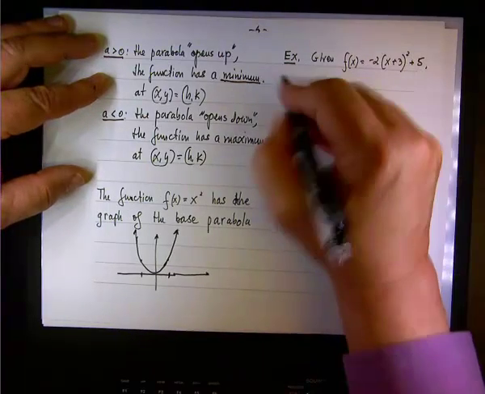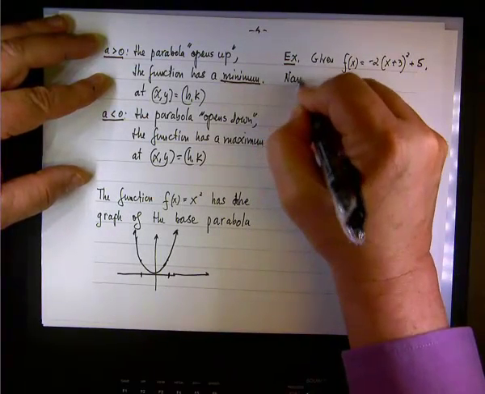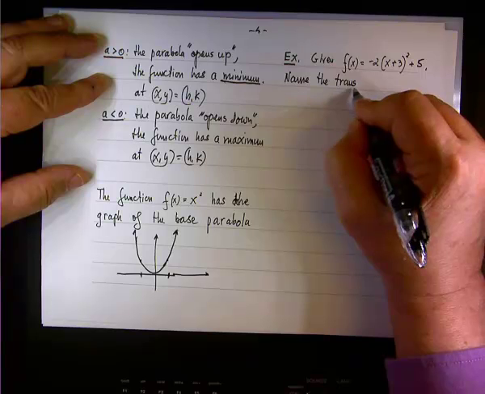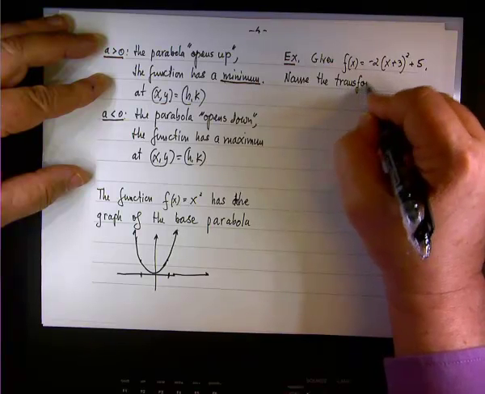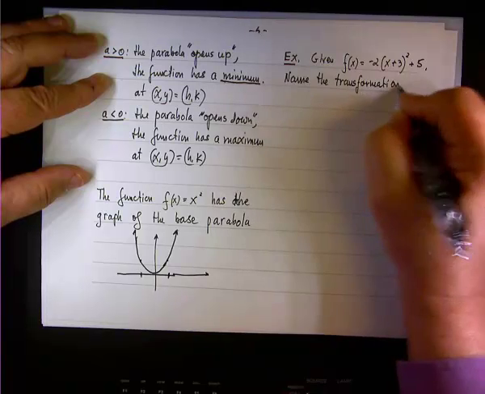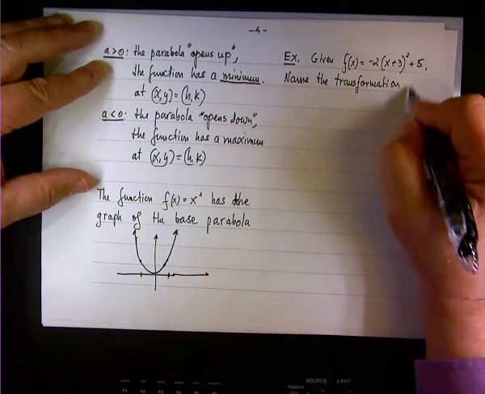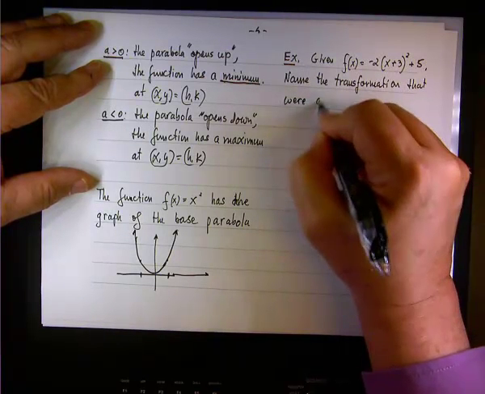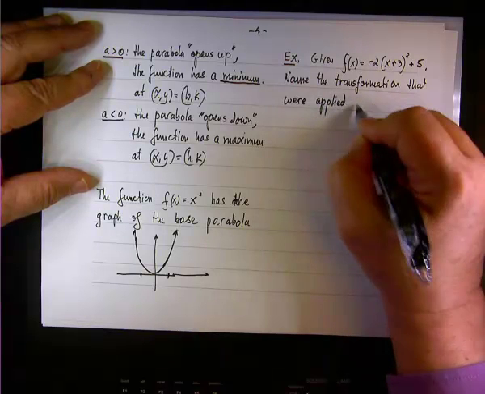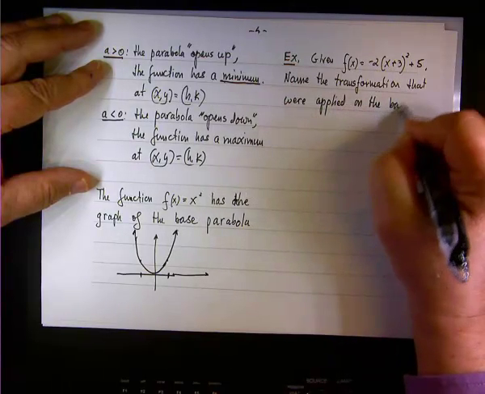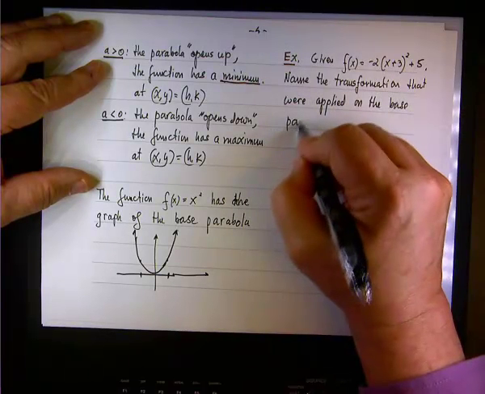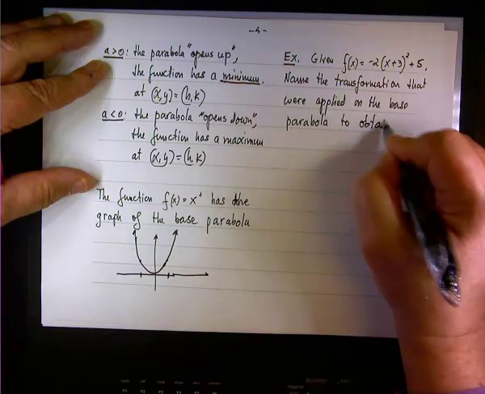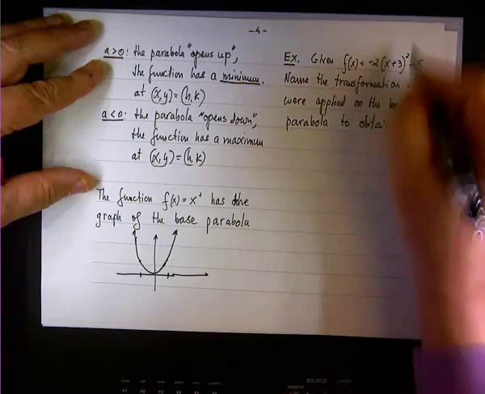And the question is, name the transformations that were applied on the base parabola to obtain f of x above.